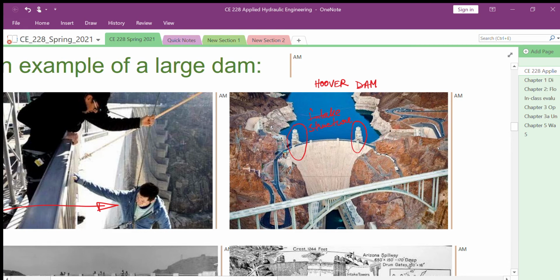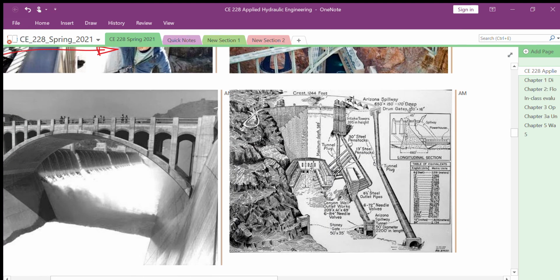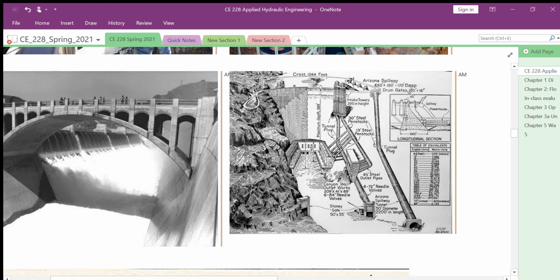And one of the most important purposes of the Hoover Dam is hydroelectric power supply. It has a penstock, which you will be able to appreciate right here in this cross-sectional diagram. So these are the intake structures that we saw, and this big pipe that comes here is the penstock.